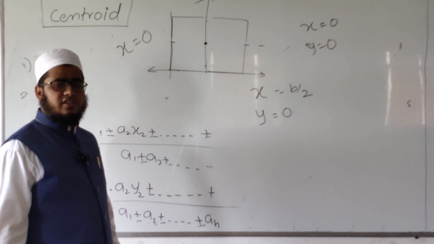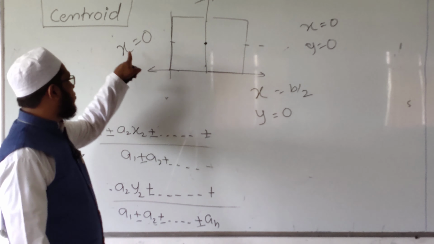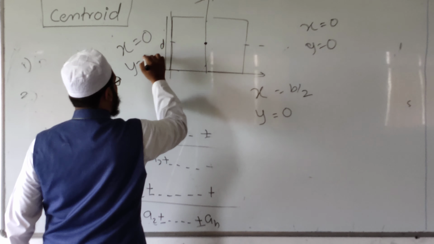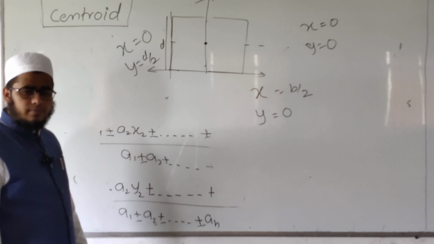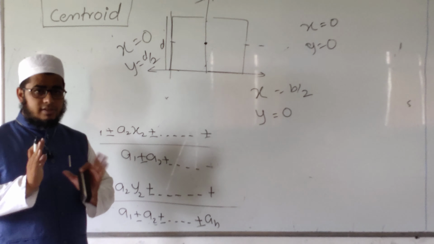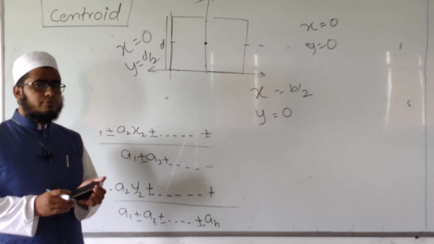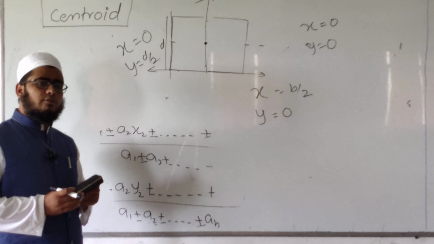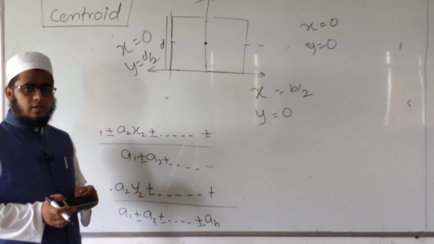The x coordinate is the distance measured from the y axis. That's why x is 0 and y has a value; if it is d, it is d by 2. Like this, for symmetrical figures we can directly get the value of the centroid.